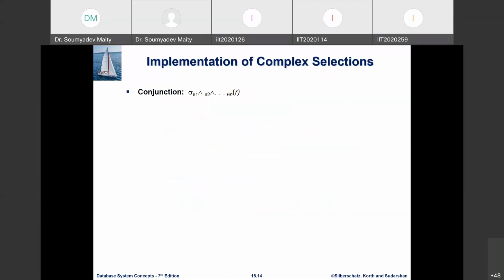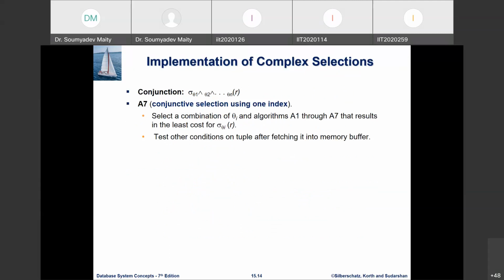Next, conjunction operation. Theta 1 and theta 2 and theta 3 dot dot dot theta n. Conjunction means an AND operation between multiple conditions. Theta 1, theta 2 up to theta n are conditions. Each of the conditions again may be of different kinds.